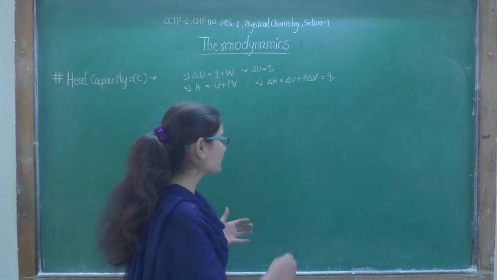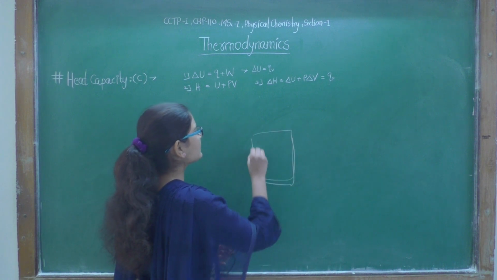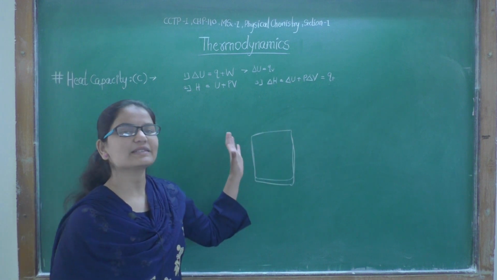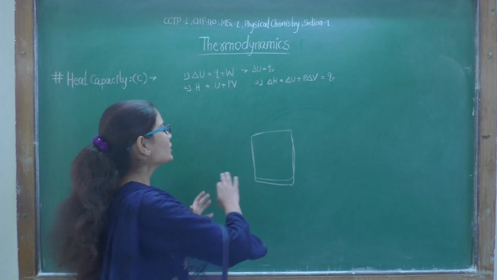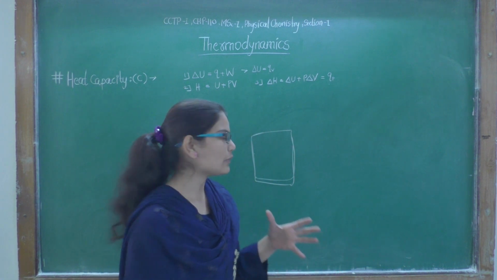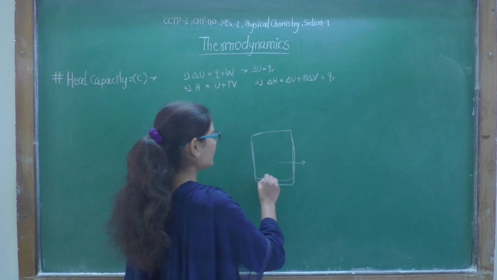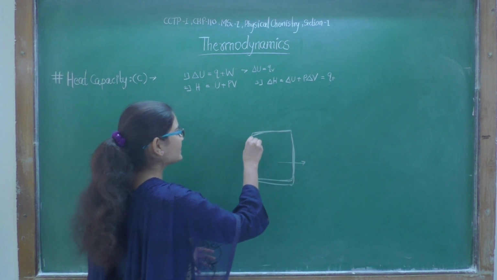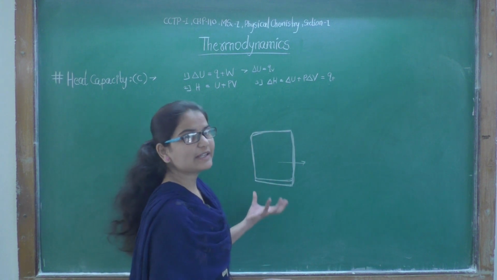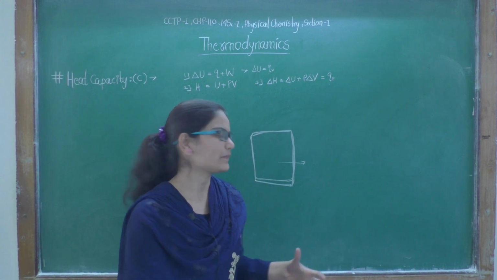Process will happen in the container and the instrument is in such a way that there is no heat transfer outside to the surrounding. Heat will not leave the system. And therefore, as the heat will not leave the calorimeter, we can calculate the heat with the help of change in temperature during the reaction.